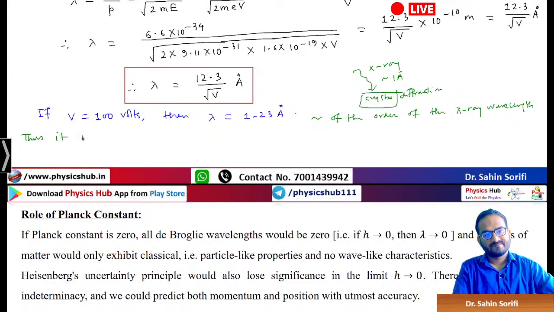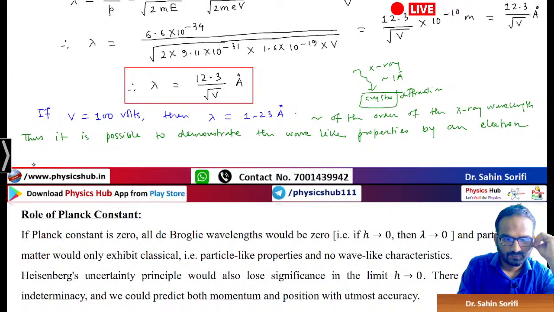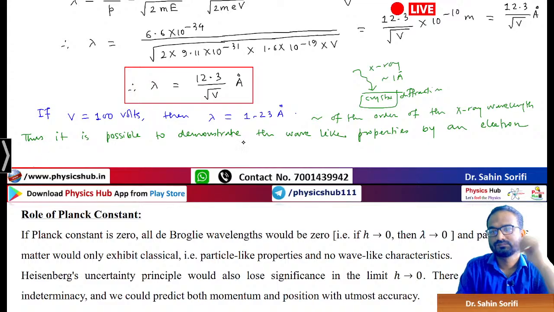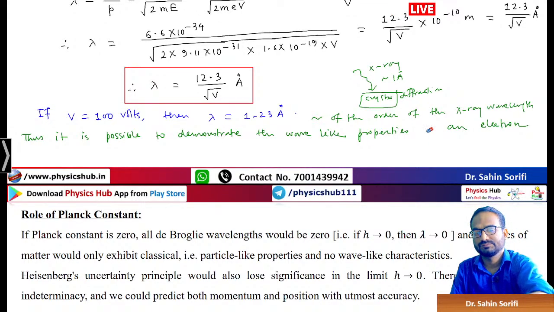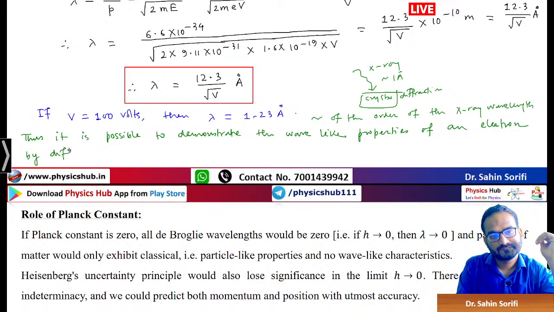Thus, it is possible to demonstrate the wave-like properties of an electron by diffracting it from a crystal.